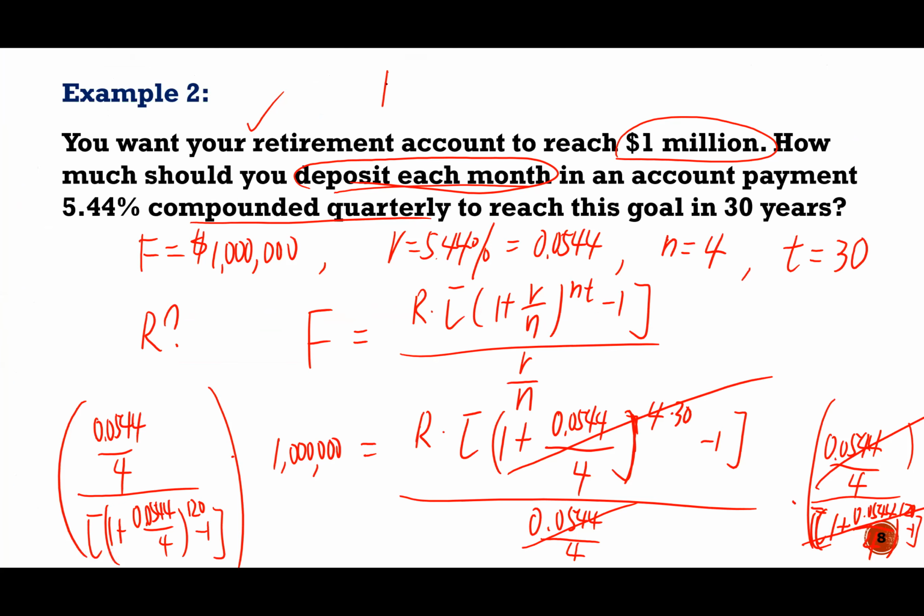So the regular payment here is approximately $3,351 and then 28 cents. So if you contribute this amount towards the account for 30 years, you'll be able to reach $1 million by the end of the 30 years, right? By the end of the retirement age.